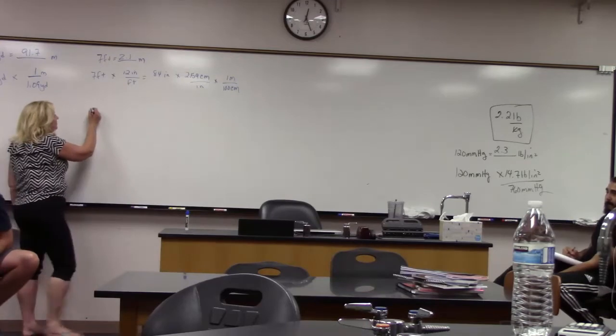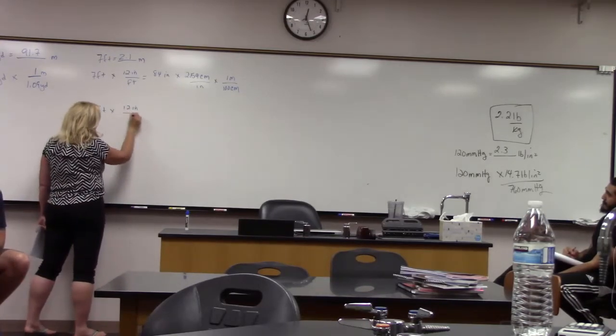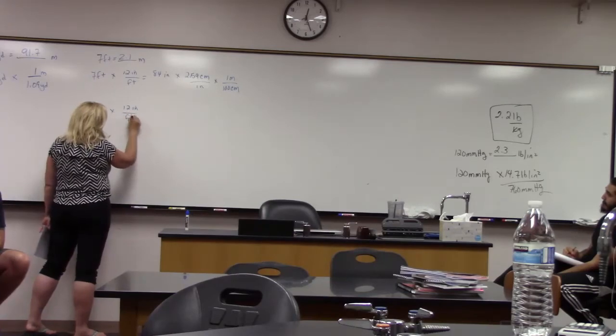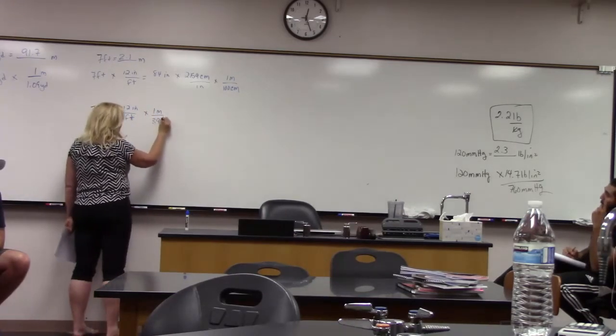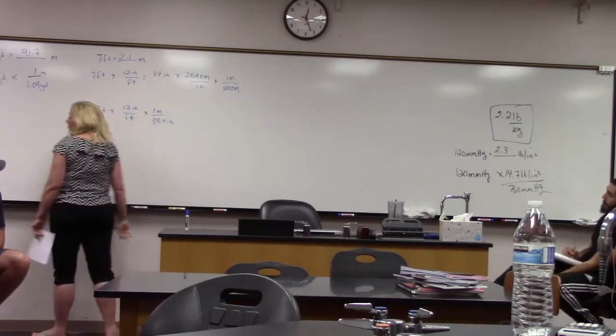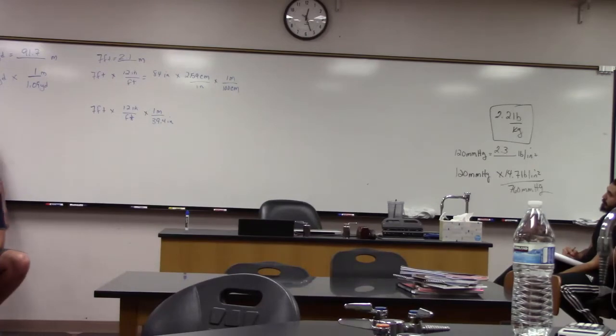We know that is 12 inches over 1 foot multiplied by 1 meter over 39.4 inches. Okay, and what answer did you get? Same as before, 2.1. Okay, you could do it that way. You could have Googled it and found a direct conversion too.